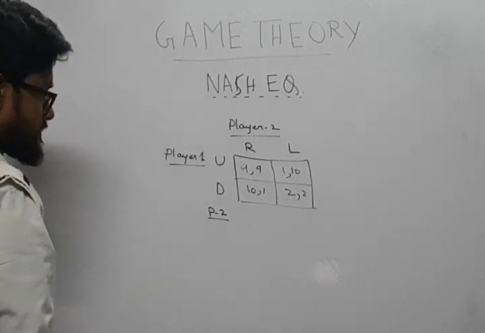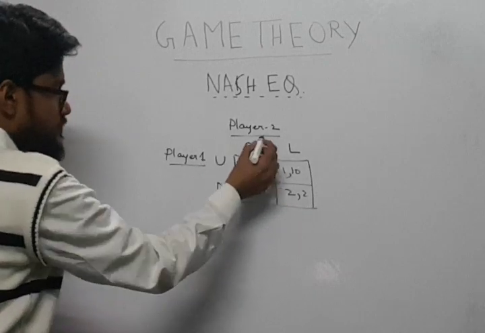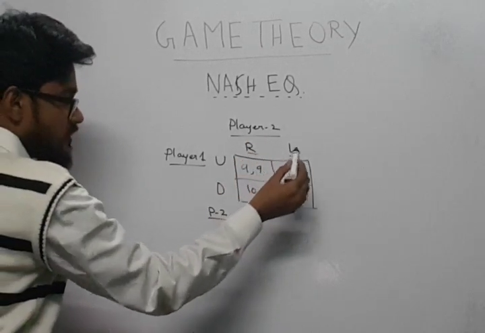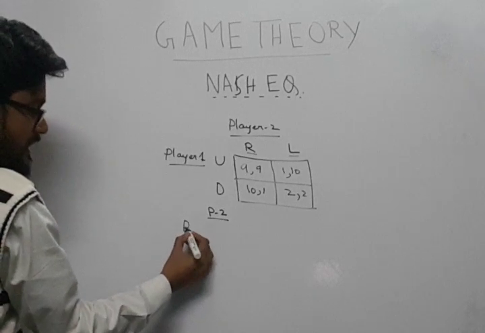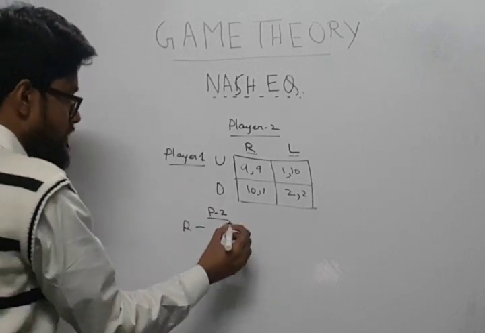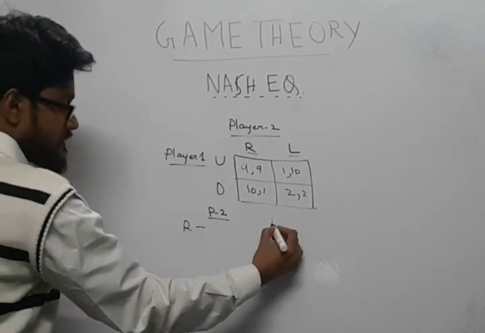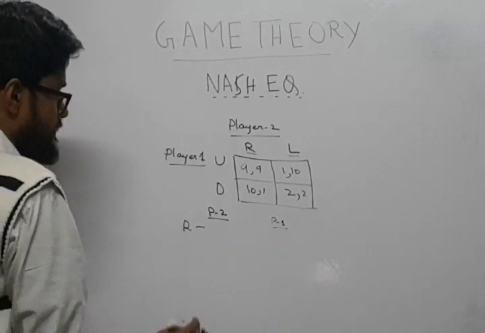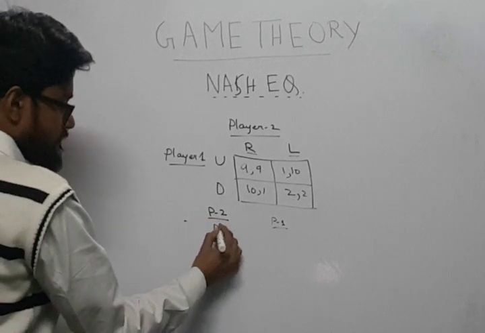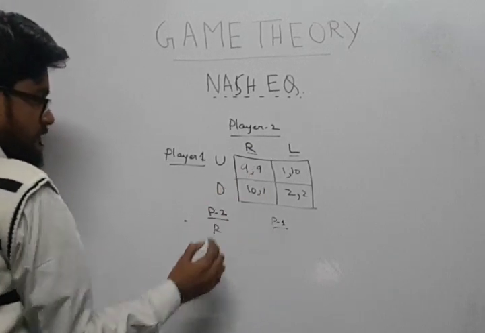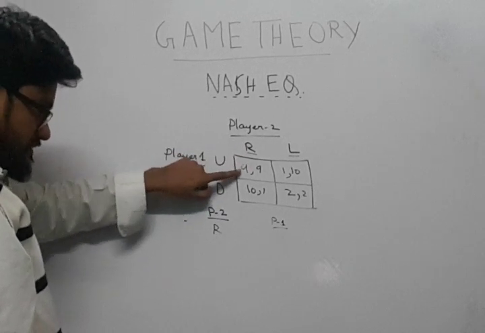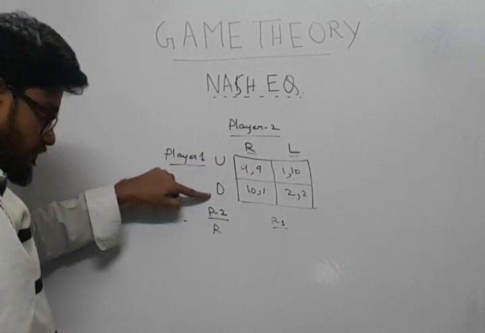When player 2 makes the first move, he either plays R or L. Say player 2 plays R, then player 1 has to play either up or down.